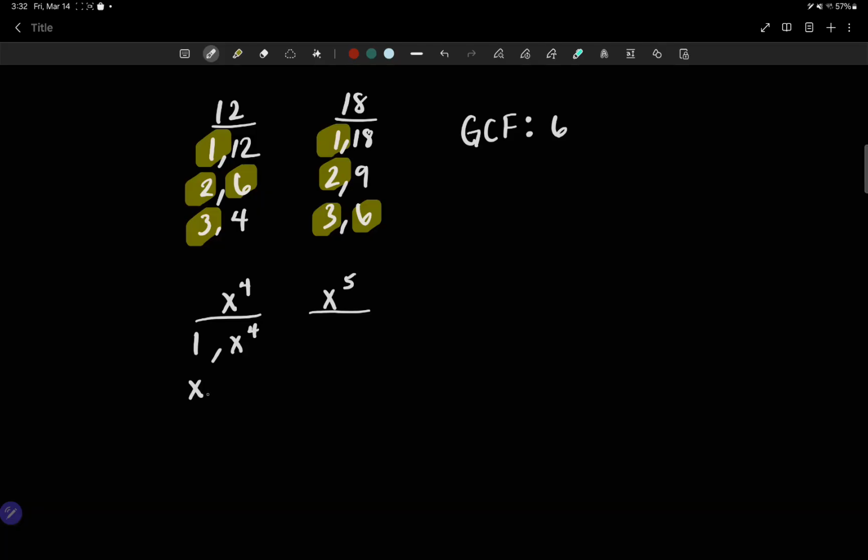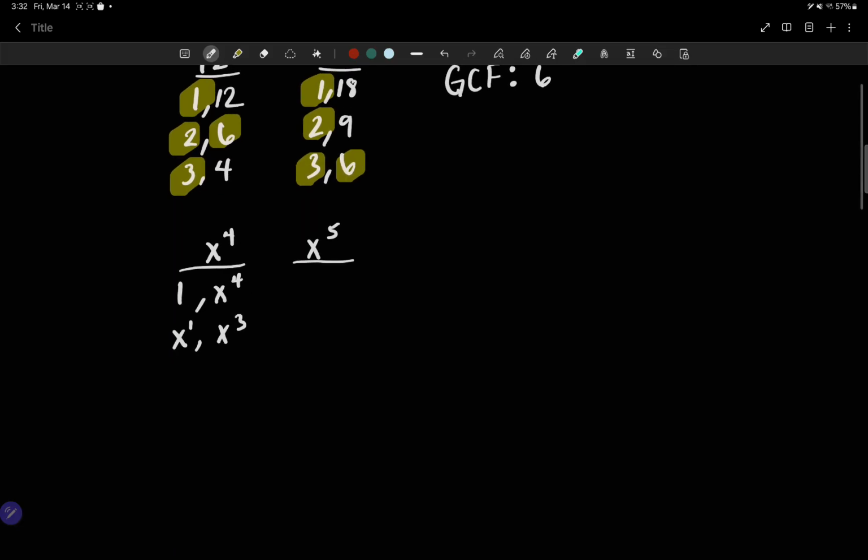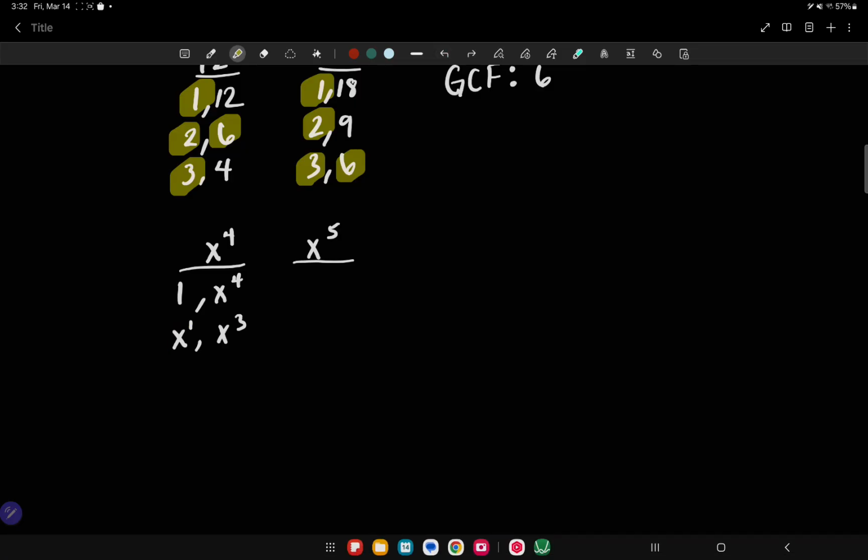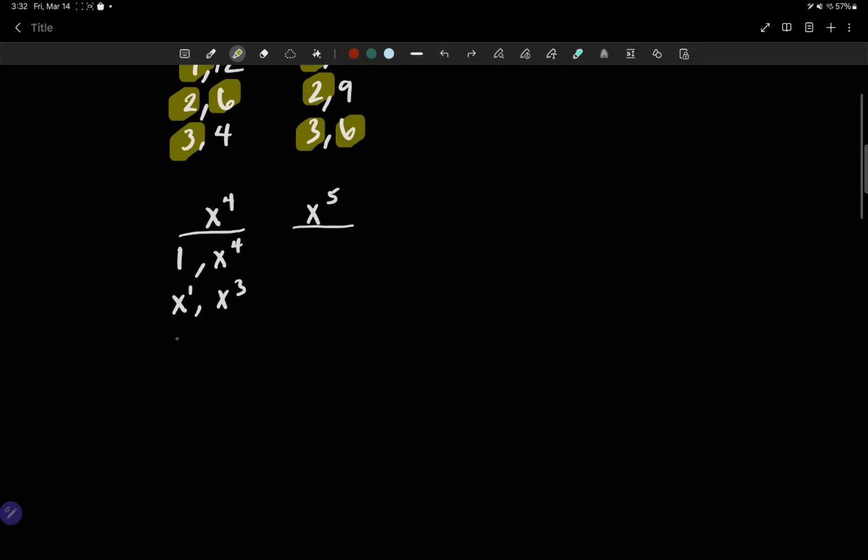Now, if I did an x to the 1st power, I'd have to multiply with an x cubed to get an x to the 4th, because that's how properties of exponents work. If you have two things that have the same base, the base being here the x, and you're multiplying them, you would simply add those exponents. Then I'll have x squared times x squared as another pairing, and then x cubed and x to the 1st, but that's just a repeat of what I had before, so I would stop there.